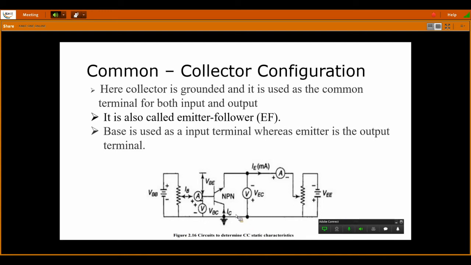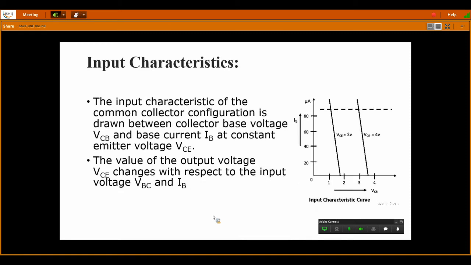As I take the collector as common, we are applying the input voltage at the base junction, and we are collecting the output current from the emitter terminal. So the input current is the base current, and the output current is the emitter current. The input voltage is the base to collector voltage, and the output voltage is the emitter to collector voltage.